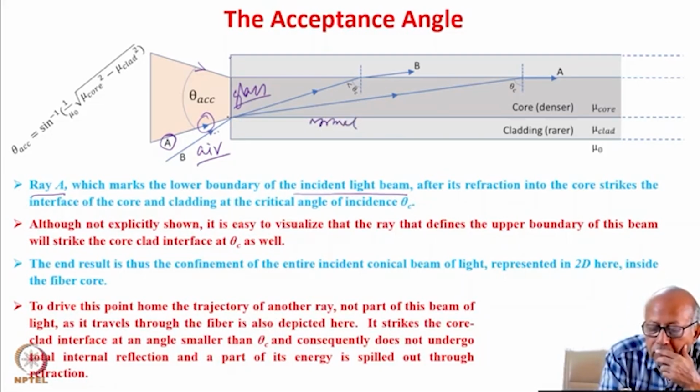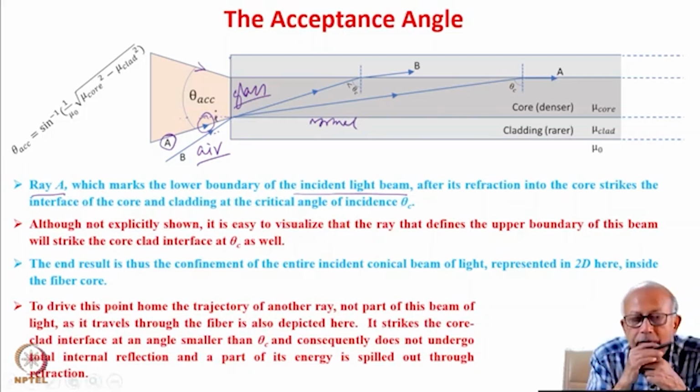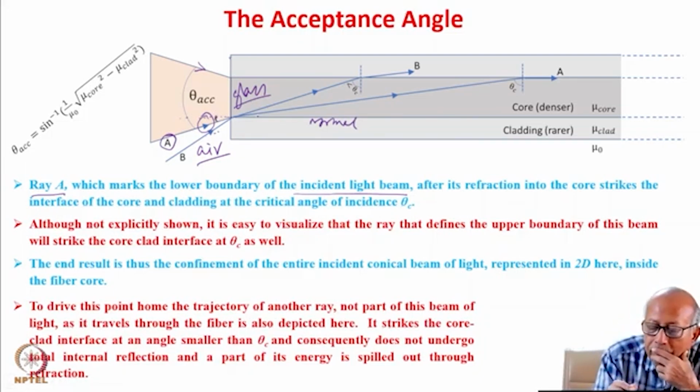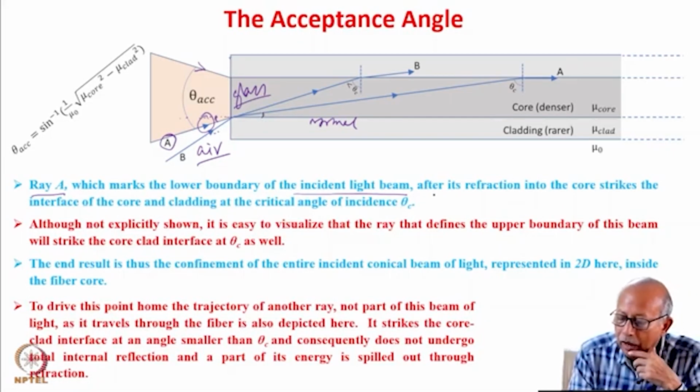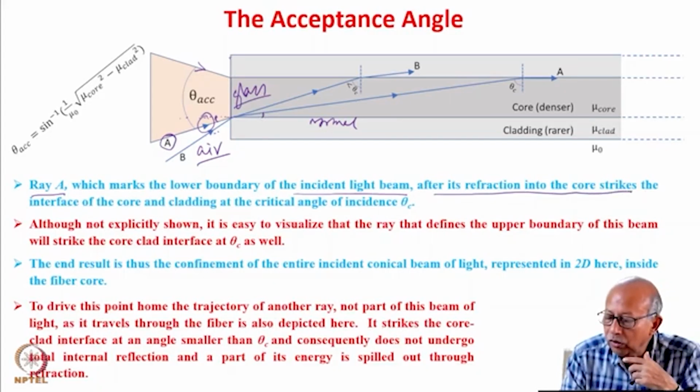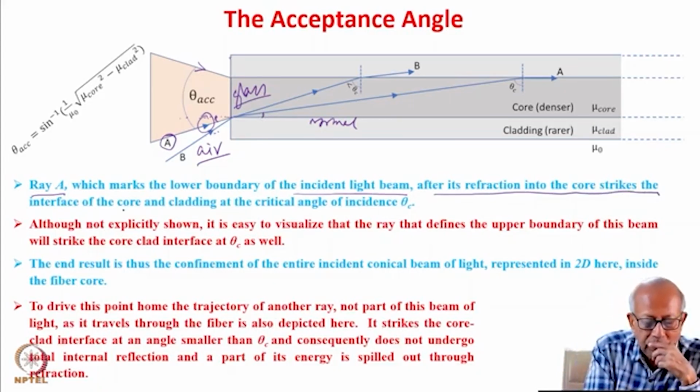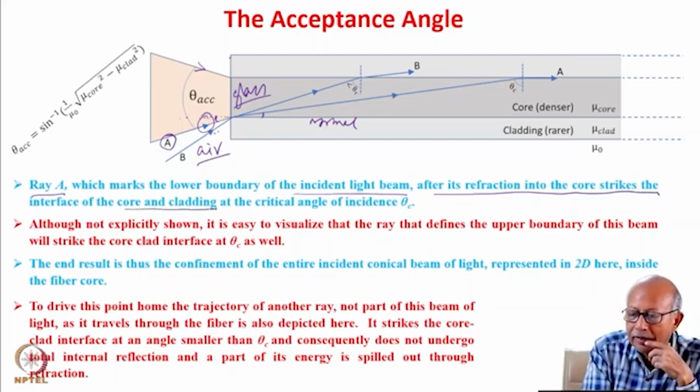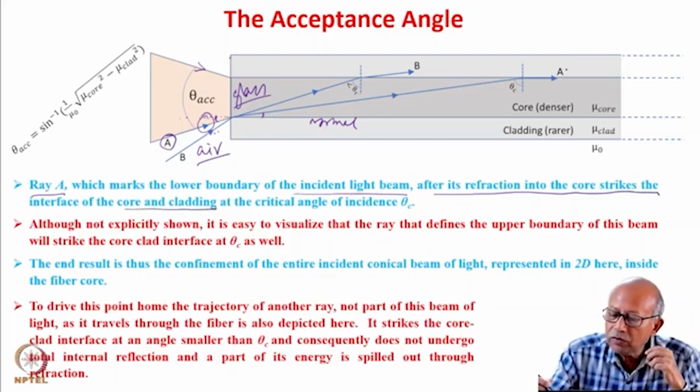So if we extend it, this is the normal. And for this ray, this is the angle of incidence. So the ray bends towards the normal. So this is the angle of refraction. So after its refraction into the core, it strikes the interface of the core and cladding. So it strikes the interface of, this is the core and this is the clad.